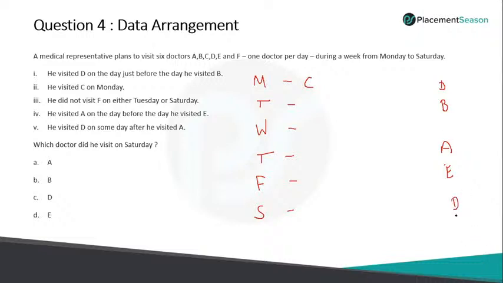After that immediately B should come, right? So if I take this together, A, E, D, B together means 4 consecutive days.